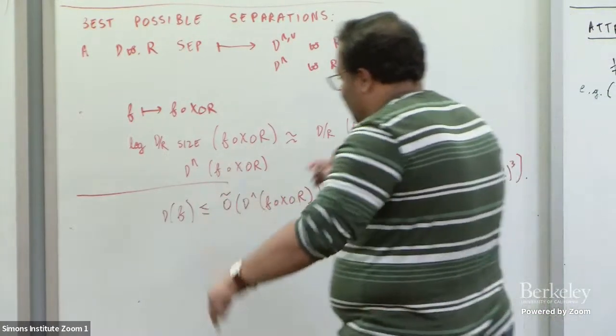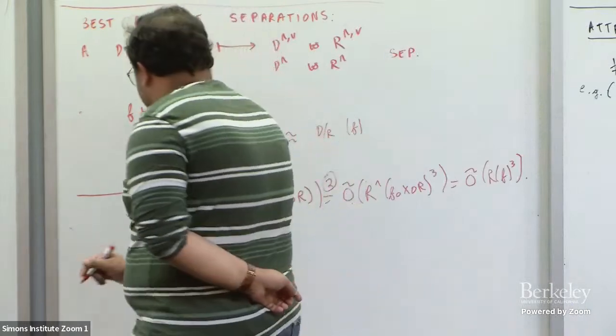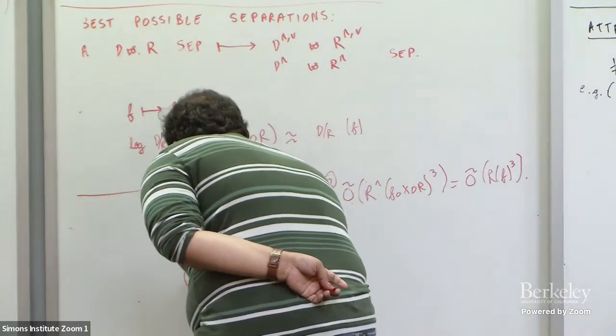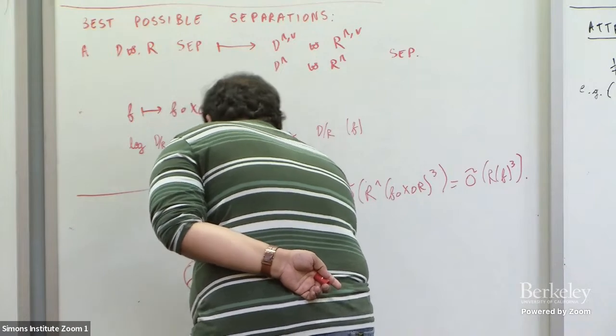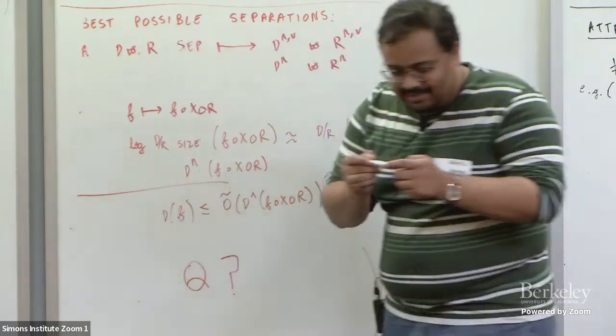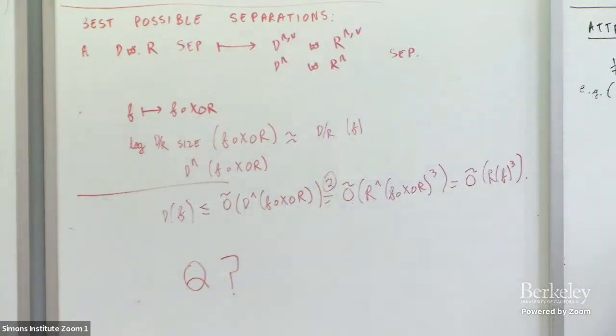And I want to end with one open question, which I will write here. What happens if you look at quantum models? In the quantum setting, for query complexity, it's known that D of f is at most poly in Q of f.